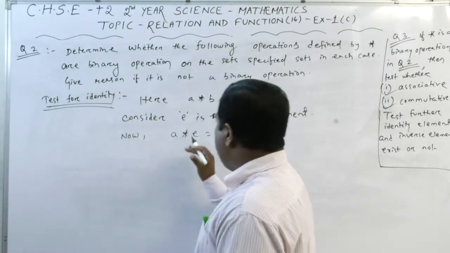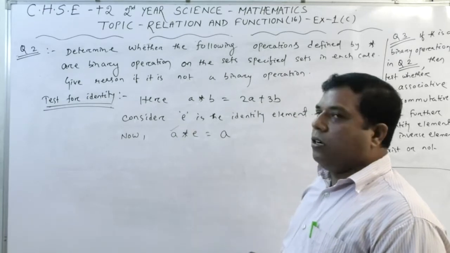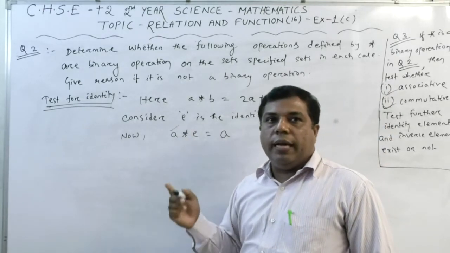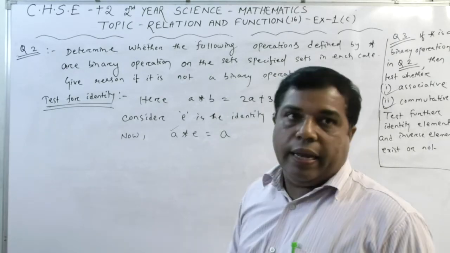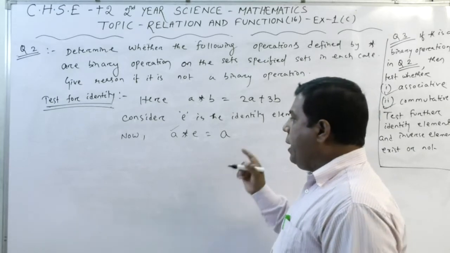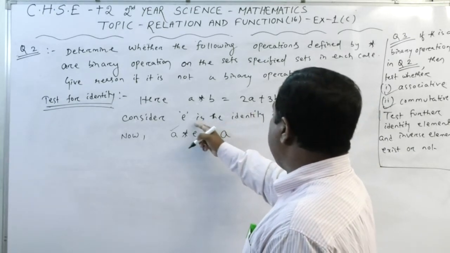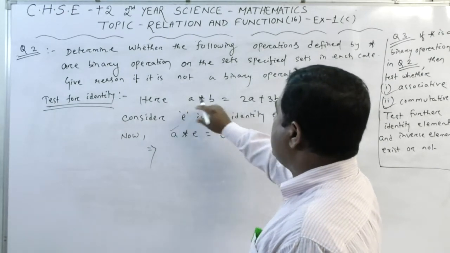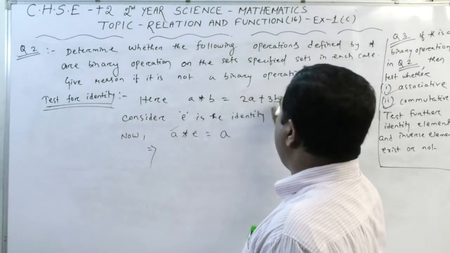Okay. If the value of the original element A does not change by operating with some element, then that element is called the identity element. So here A star E should be A if we claim E is the identity element. But as per the rule of the operation, A star E should be what?